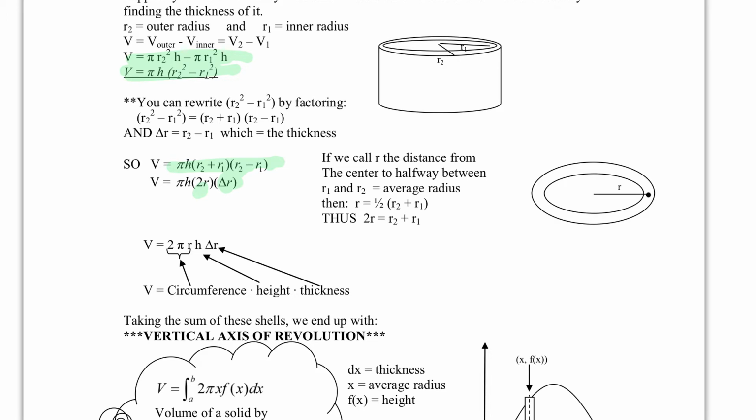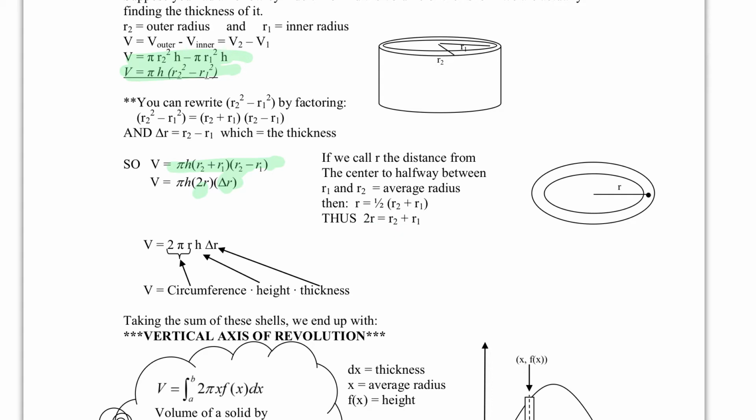Okay, so if we call r halfway, because we had r1 and r2, the average between r1 and r2, then r is going to be 1/2 of r2 plus r1. Remember, r2 minus r1 is our delta r, which we called our thickness, and our average is the regular r.